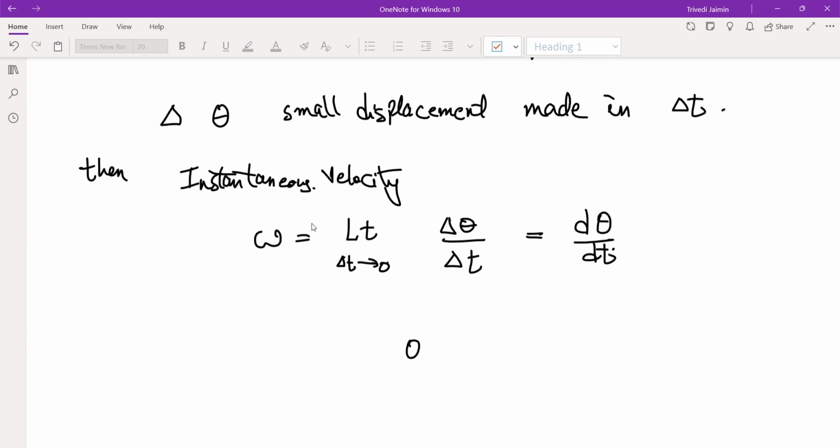And theta is in radians. And t will be in seconds. Okay. So can we make a dimensional formula for this one?